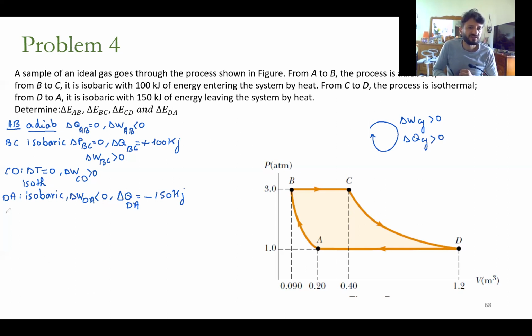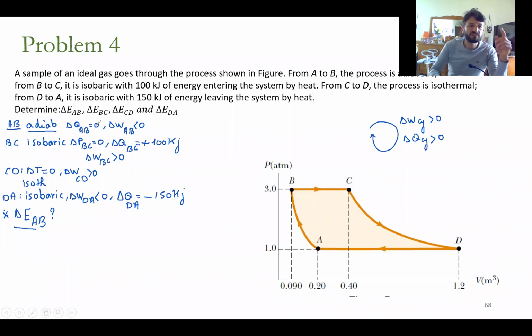Let's start with BC, second CD, and finally DA and AB.